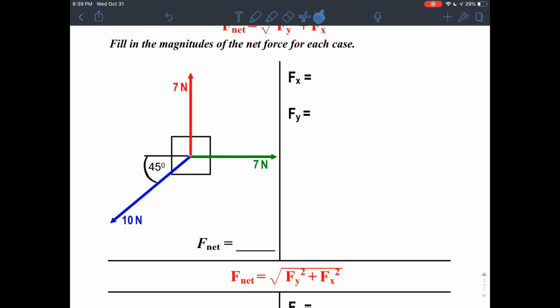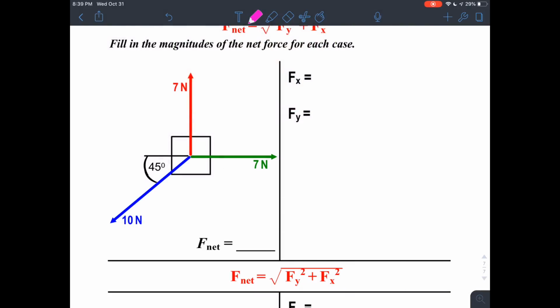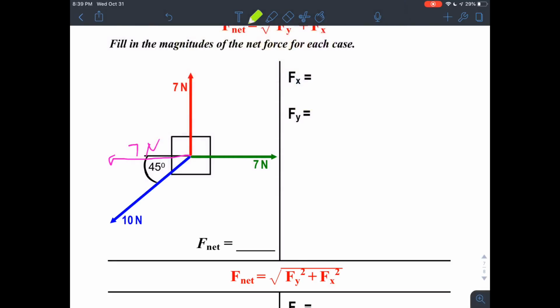If you'll recall from earlier, we can break down our 10 newtons down and left and figure out that we have 7 newtons to the left, and also approximately 7 newtons down, because this 10 newtons from the last set of problems is the result of a vertical force of 7 newtons and a horizontal force of 7 newtons.